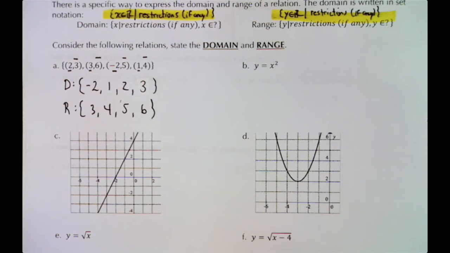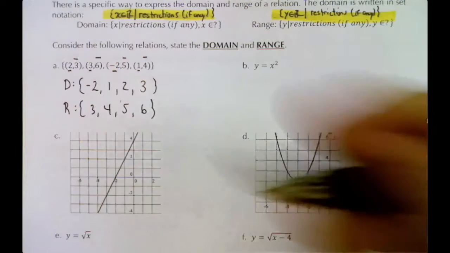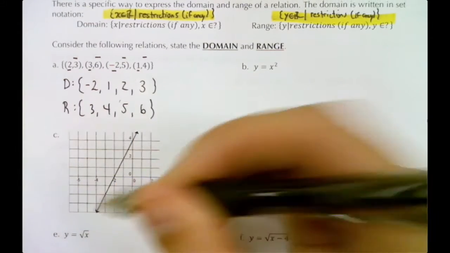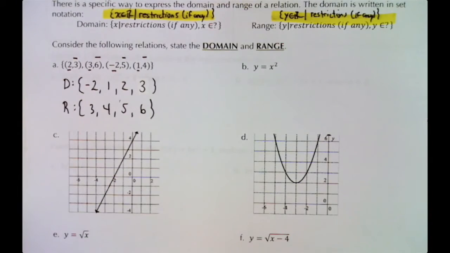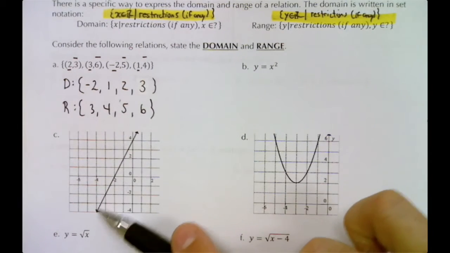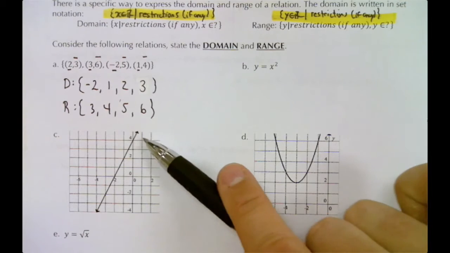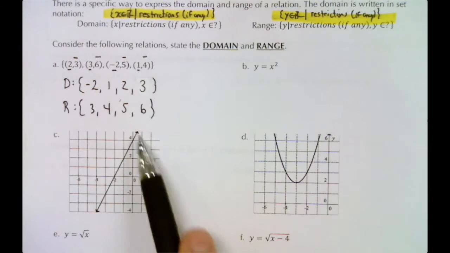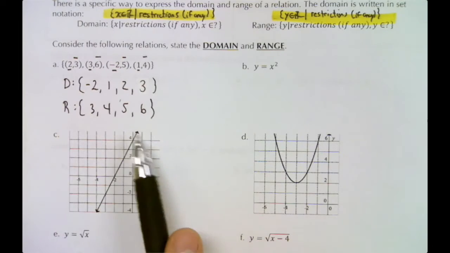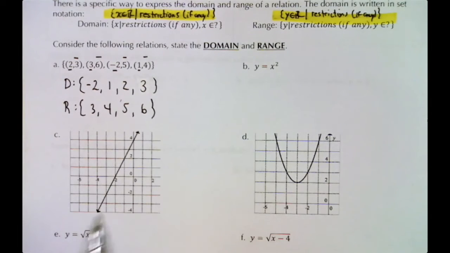Now if you have a graph, we have to look at where the function or relationship is. So in C, we have a graph here. And since we're continuing off the page, we're going to assume that it continues. So for our x's, we have a solid line that covers every x between, looks like -4 and, I don't know, a half. But it continues up and it continues down and to the left, up and to the right. So that means it's going to continue to the right and continue to the left.